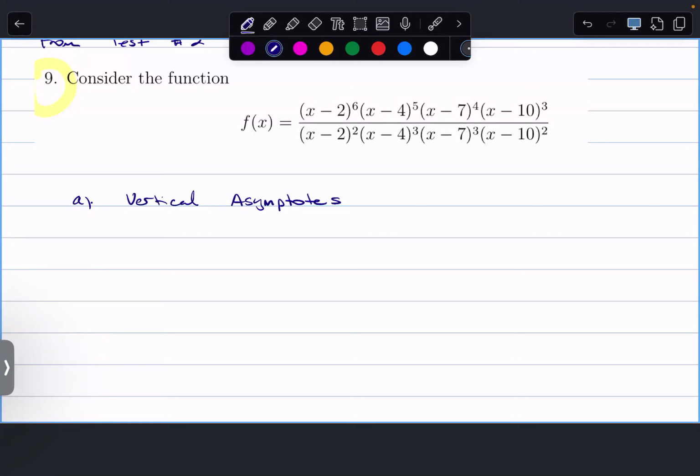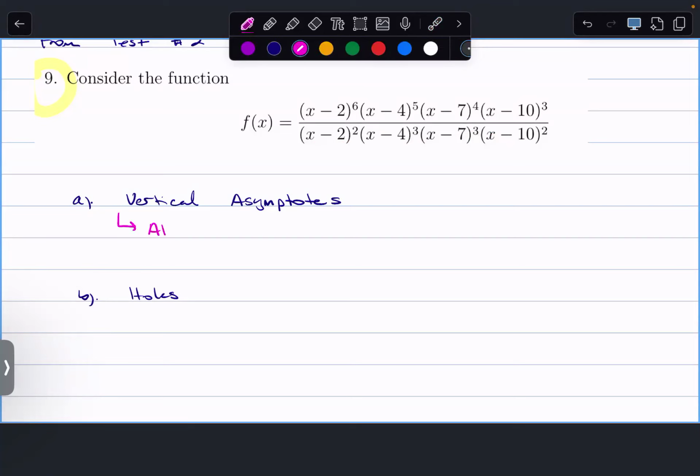Yeah. So let's start with the vertical asymptotes versus the holes. Okay. They both have to do with the denominator. And so the vertical asymptotes are going to happen at values of x that make this equation 0, or dividing by 0.